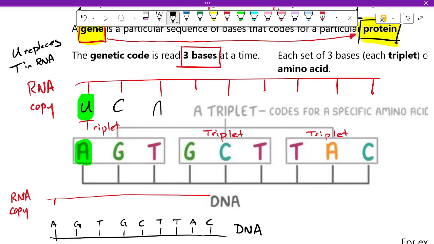A. G goes with C. C goes with G. T goes with A. A goes with U because this is RNA. And then C goes with G. Those bases are also complementary. Yes.